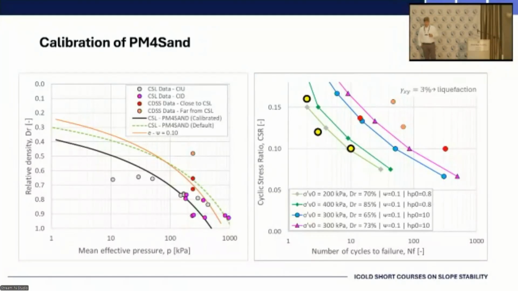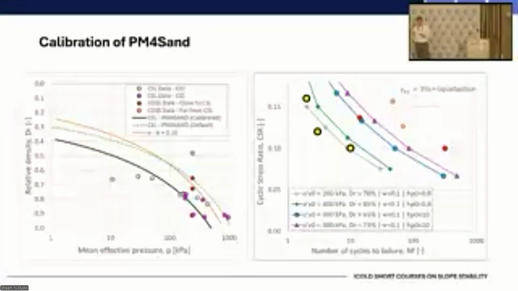And with that calibration of PM4, back to the right part of the figure, you see the results of the calibration of PM4 compared. Please just look at the red and orange circles and leave those bad black and yellow circles out of your mind for a while. And you see that our calibration falls on the conservative side, but not so much.